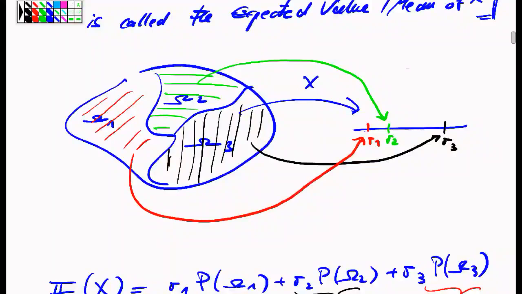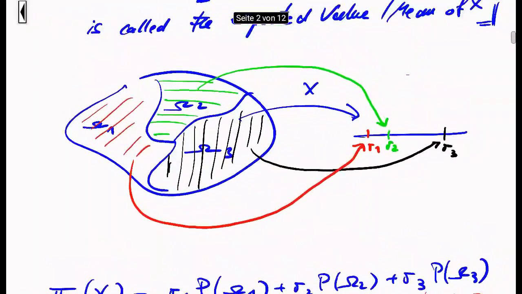In this picture, I have drawn such a decomposition in the case when the random variable X assumes only 3 values. Of course, the decomposition of omega into such subsets does not need to be as nice as in this picture, with very compact, connected regions of omega. It may be much more scattered. But nevertheless, we have a unique and clear decomposition of omega into finitely many subsets.